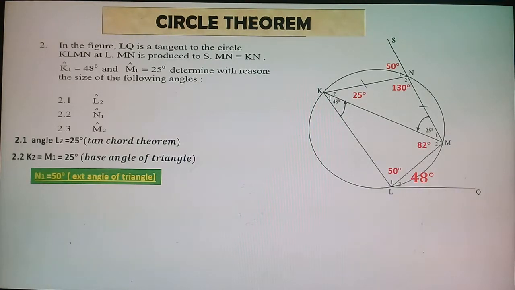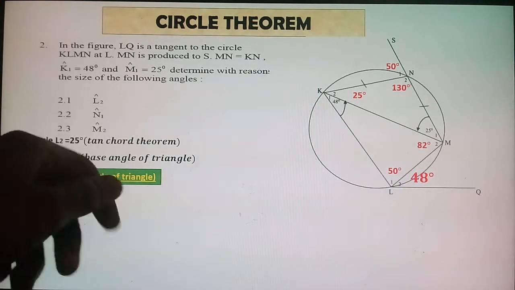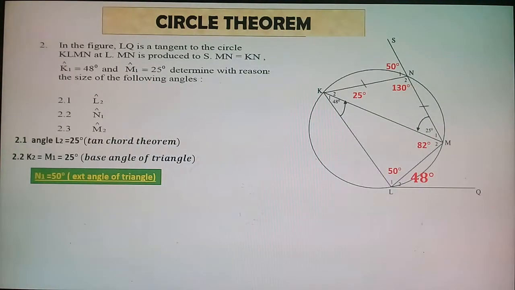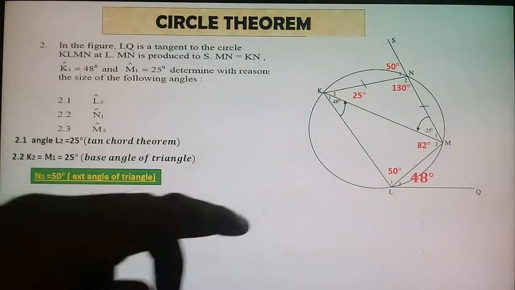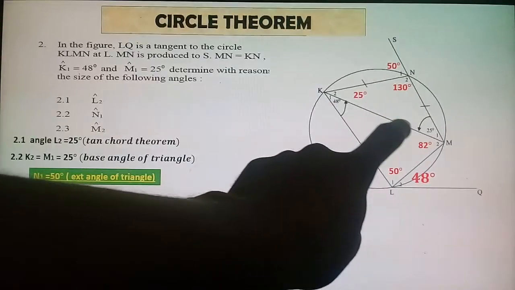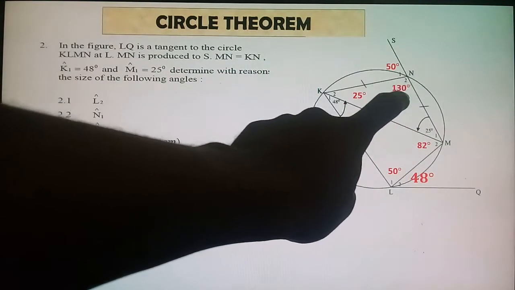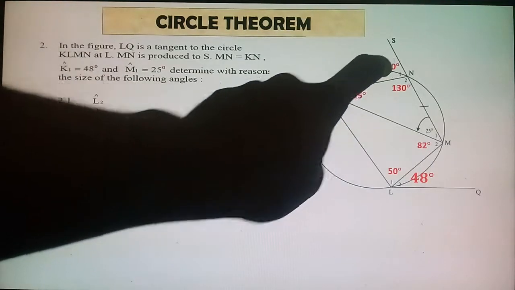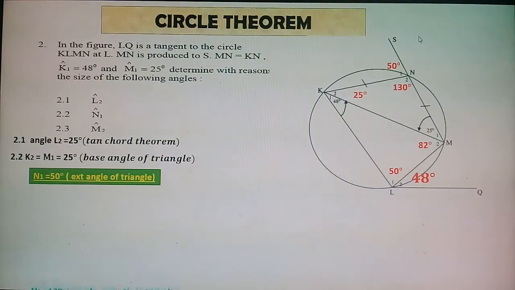But you can use another method to find N1. Let's just use another method. Are you ready for another method? Wow, how nice. You see that this one plus this one equals this one, and I add, then I get 180. In a straight line I can find that one. Let us use that one.